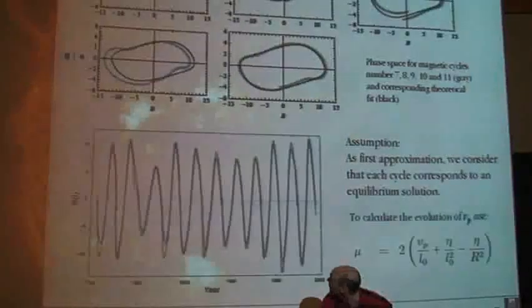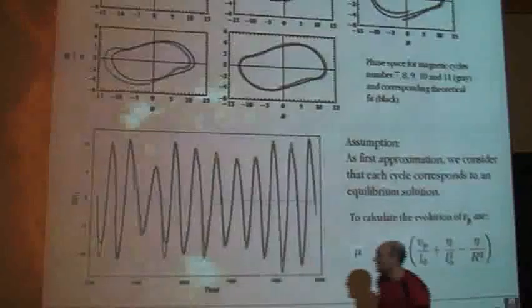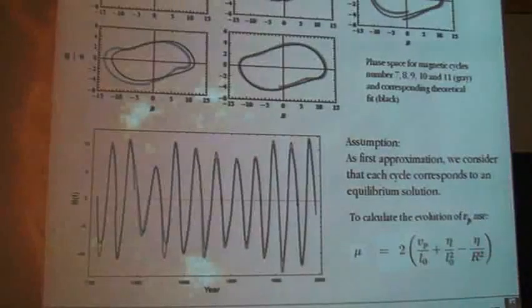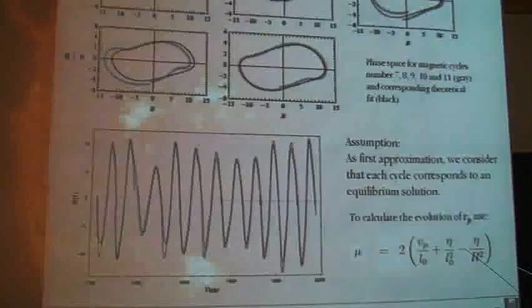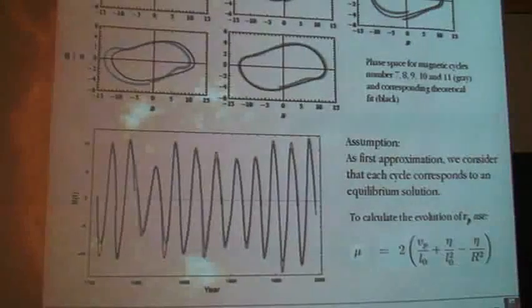So if we go here again, now we look at the simplest term we have, which is mu. That looks like this, and we see that it depends on these physical parameters: meridional velocity, the Vp, eta, and L0, the characteristic length scale.